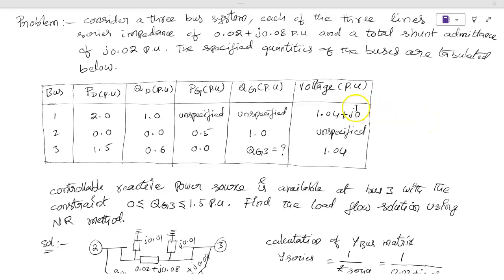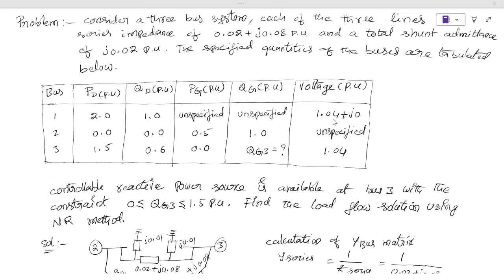See here what they have given, voltage and its angle. V and delta, V and del are known quantities here.